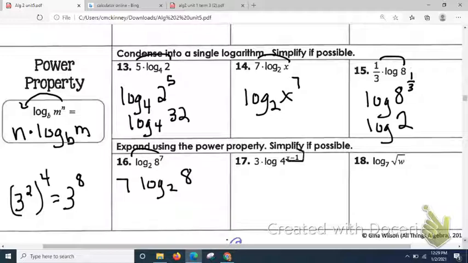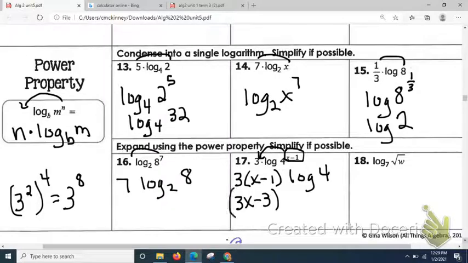So this x to the 1 would jump out front, and it would actually get multiplied with what's already there. And we would have to distribute. So a little tricky there. So this would be 3x minus 3 times the log of 4.